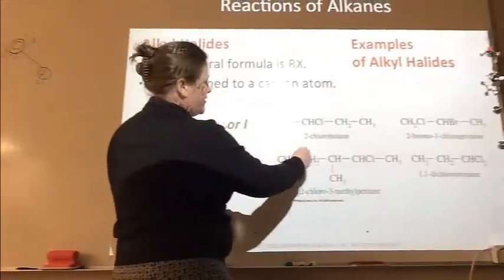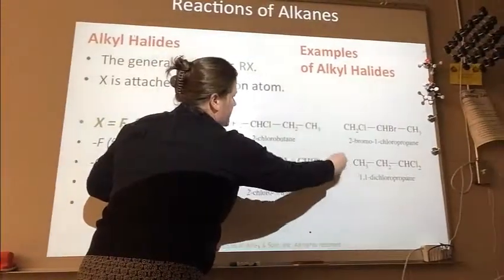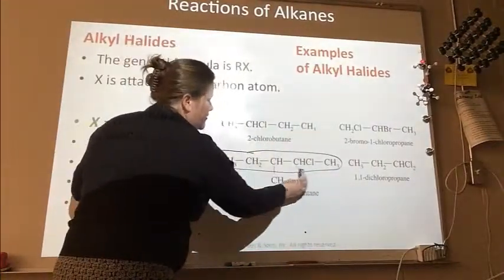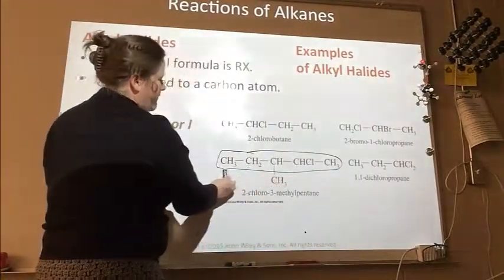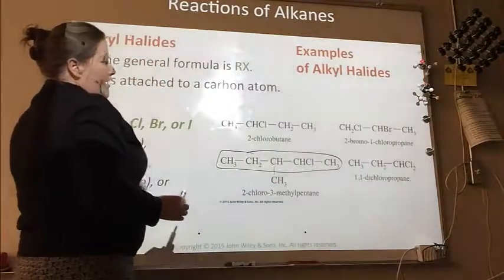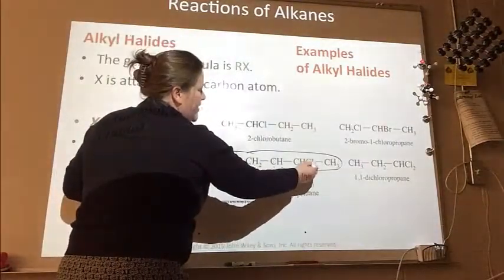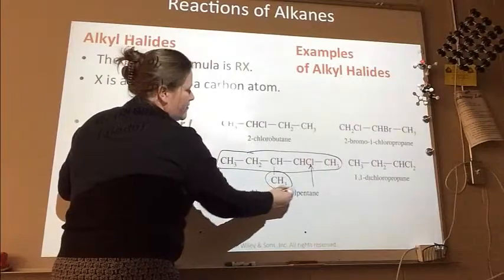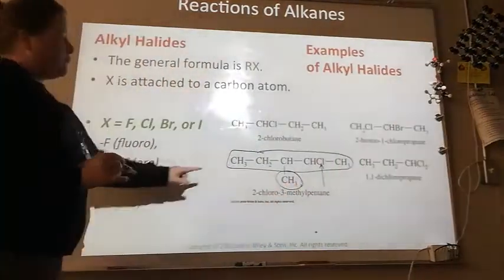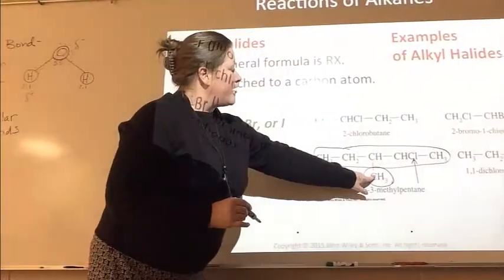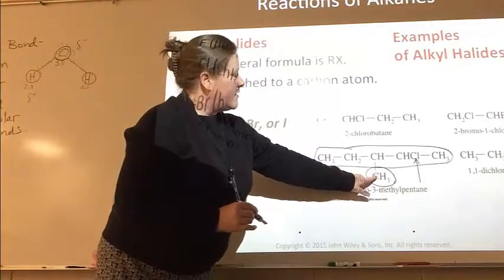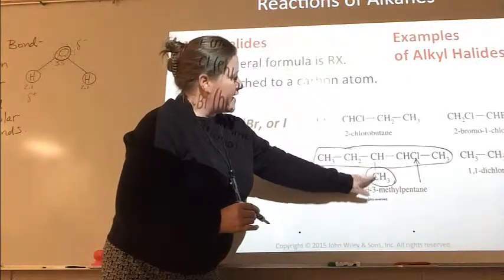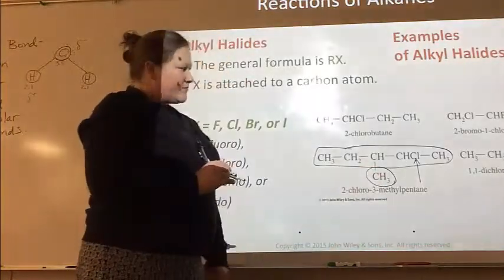If you look at this one, the longest chain is 1, 2, 3, 4, 5, and we have a chlorine attached here and a methyl group attached here. Remember, the root methyl refers to one carbon. If it's a methyl group that's attached, it's a CH3.